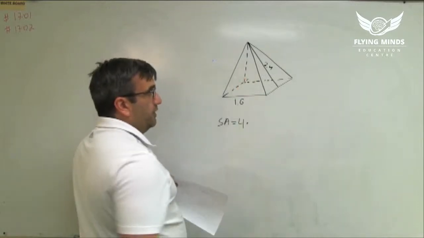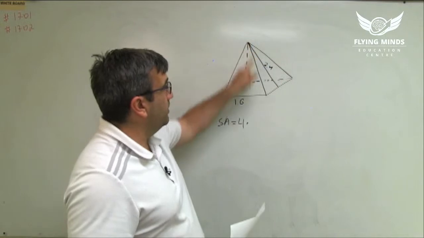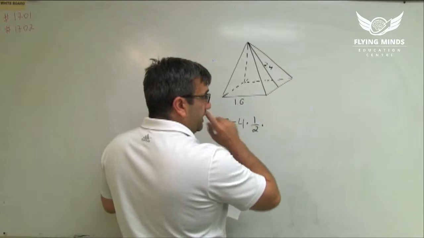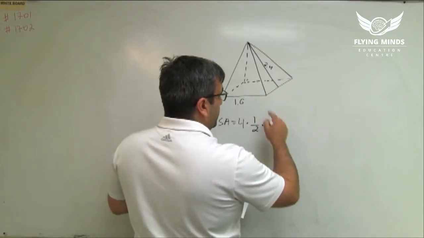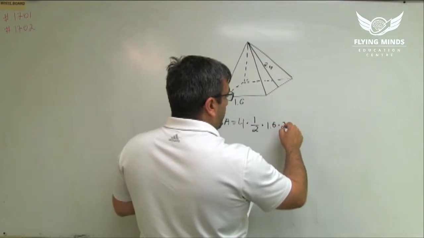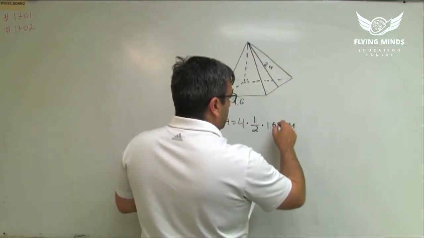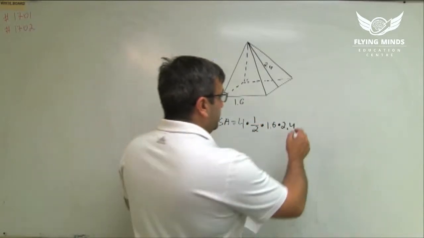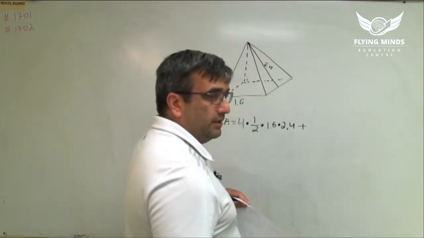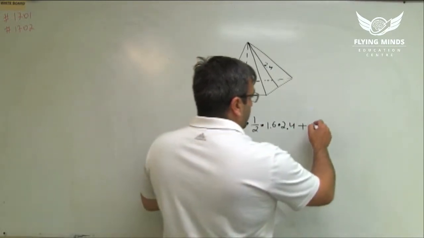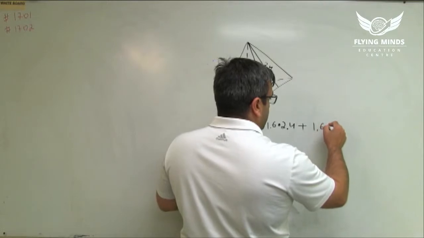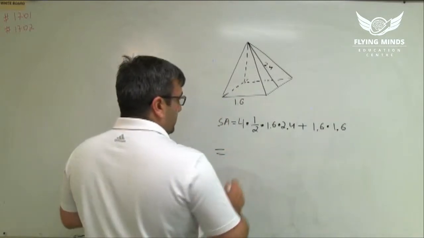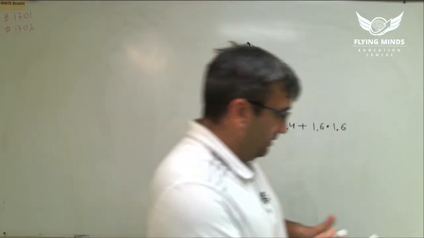And the area of the triangle is 1/2 times base, which is 1.6, times height, which is 2.4, right, plus the area of the square, which is 1.6 times 1.6. Okay, we need to calculate.